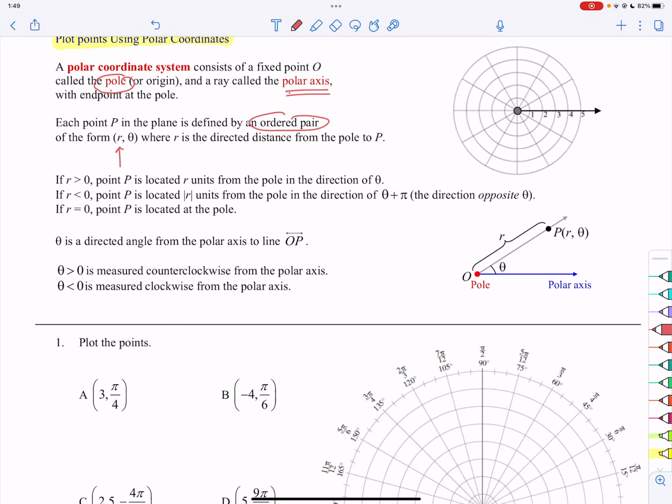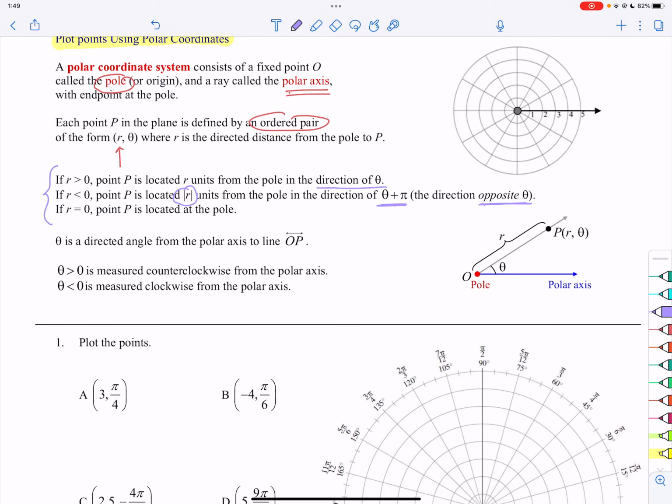So we have a few things to talk about with regards to r. If r is positive, the point is located r units from the pole in the direction of theta. But if r is negative, we will have that magnitude, that absolute value of r units from the pole in the direction of theta plus pi, which is the opposite of theta.